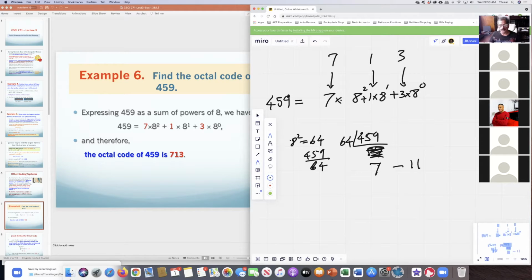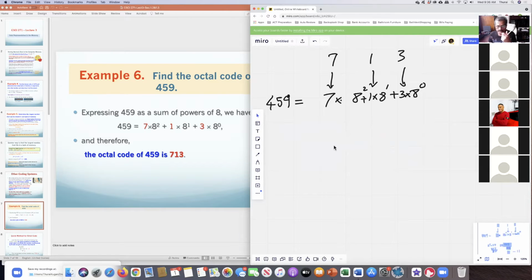Okay, so instead of doing that, is there a better way? Is there an easier way? Yes, the shortcut method, same as the one we use for the binary code. You just repeatedly divide by 8 until the number becomes smaller than 8.